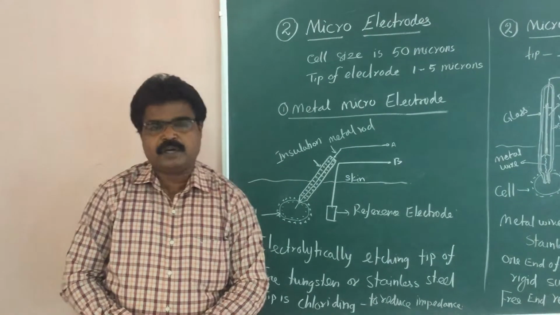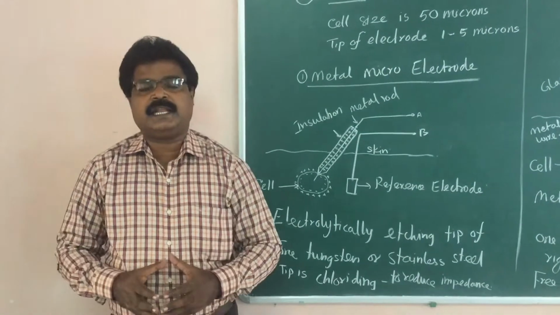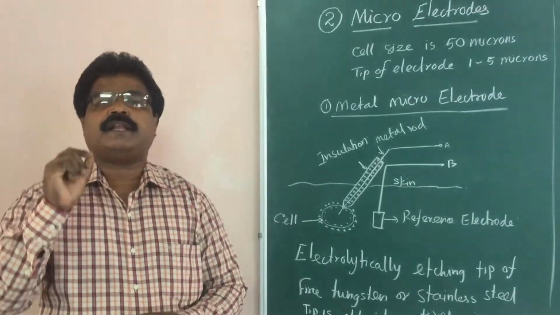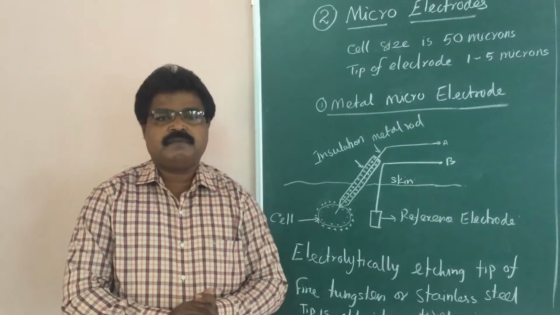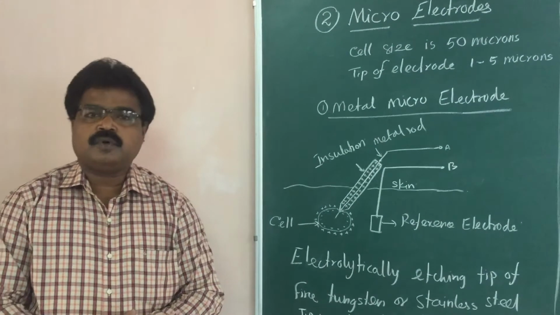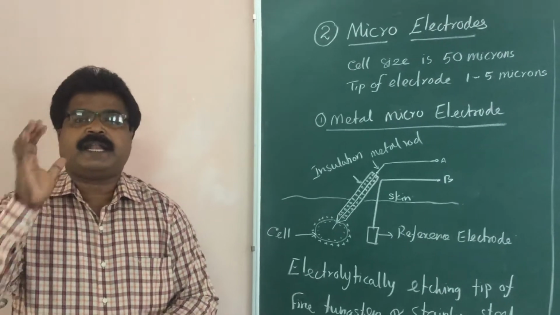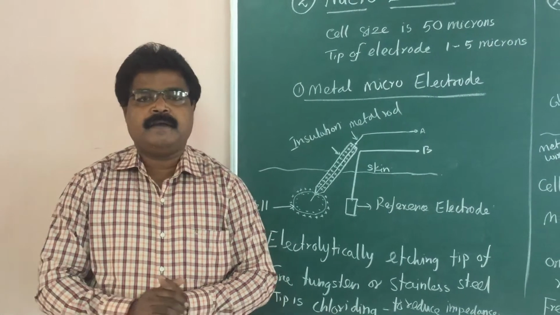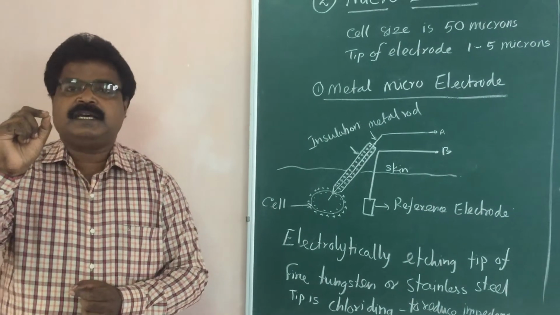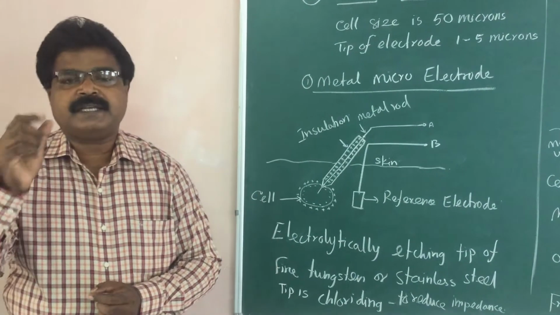Second one is the microelectrode. This microelectrode is used to pick up the signal within the cell or nearby cell. Normally the size of the cell is 50 micron, so the tip of the electrode is 1 to 5 micron in diameter. The reason is that when you insert the electrode into the cell, it should not damage the cell.